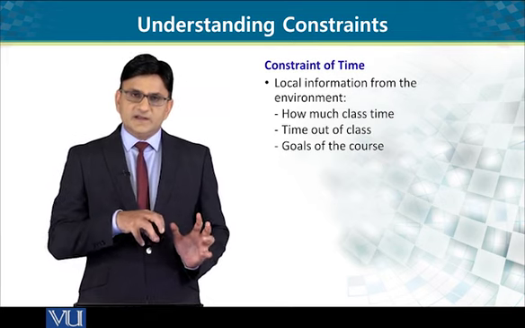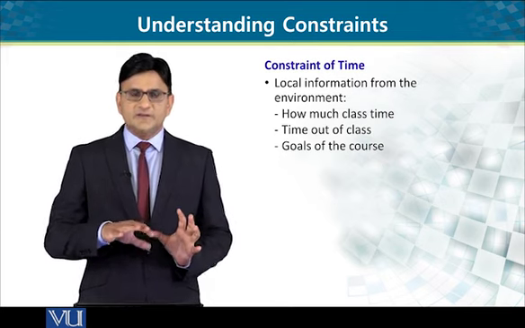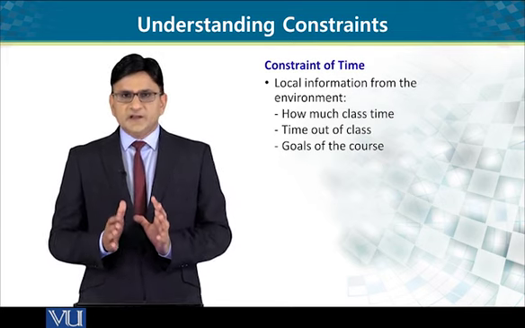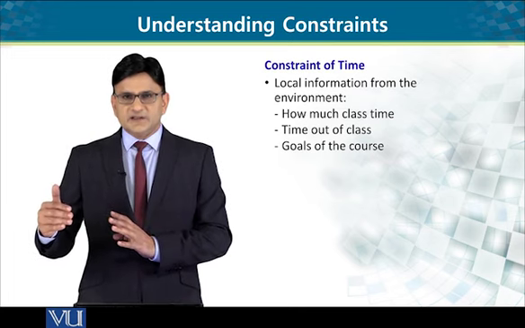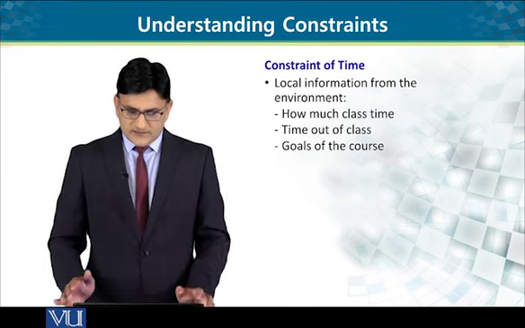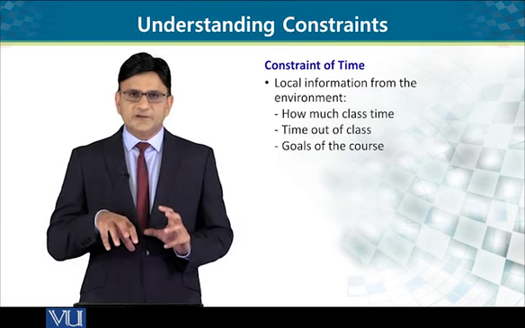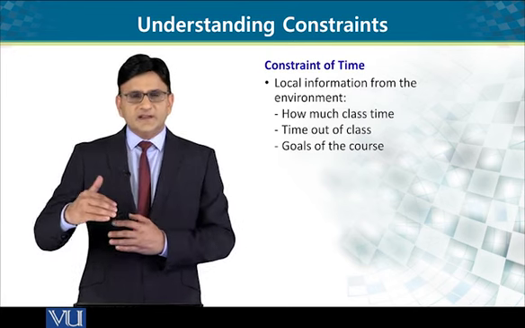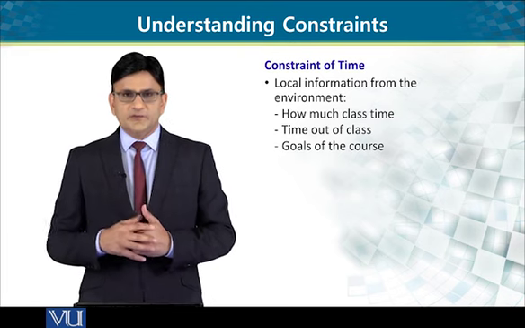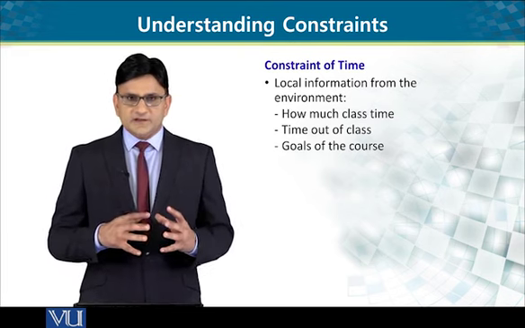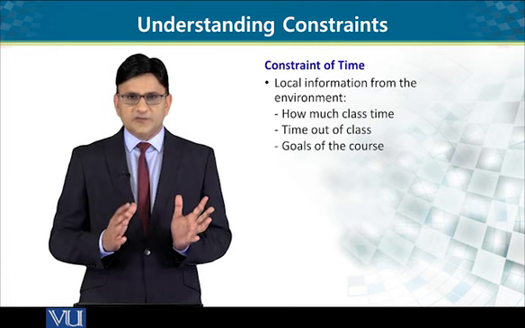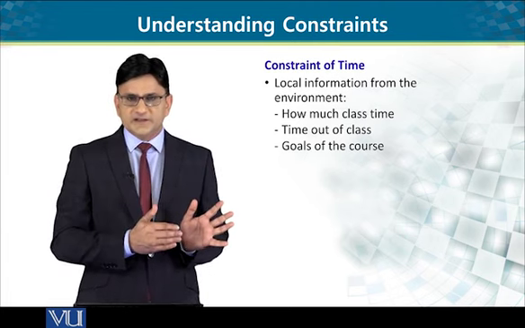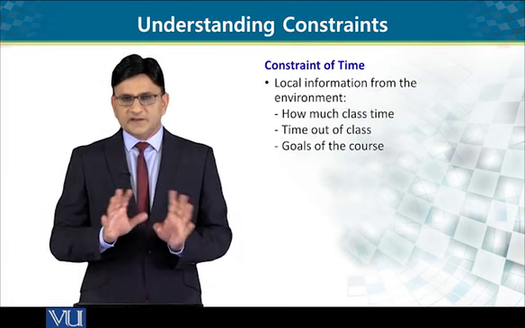And in this regard, we can also identify to what extent the students need time out of the classroom. And for that reason, we can then work on the goals of the course.